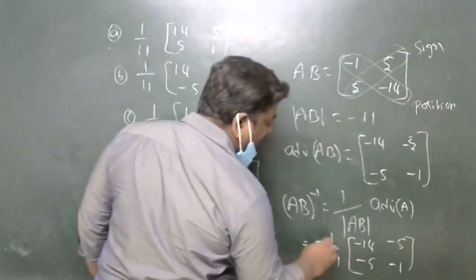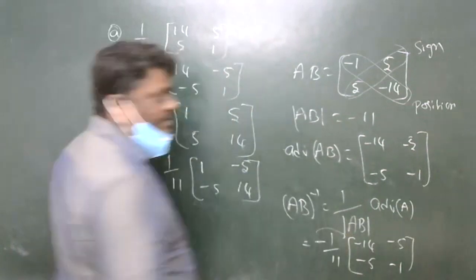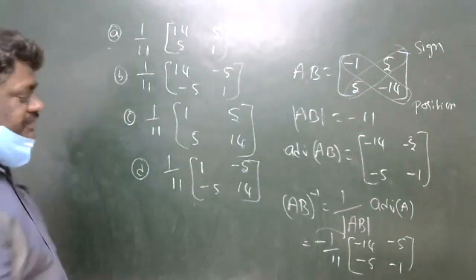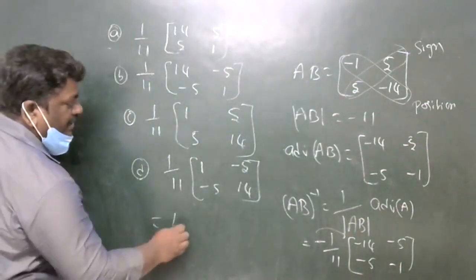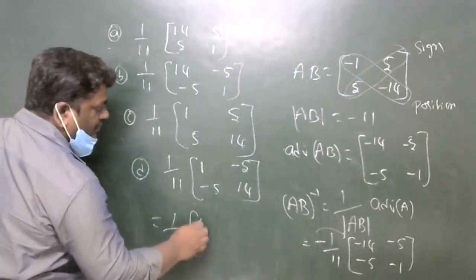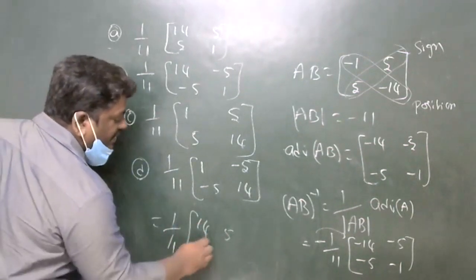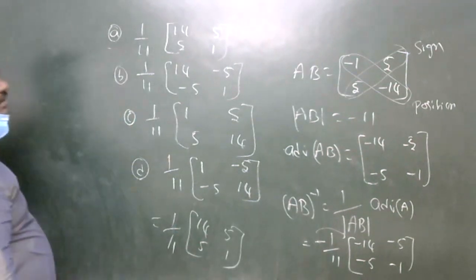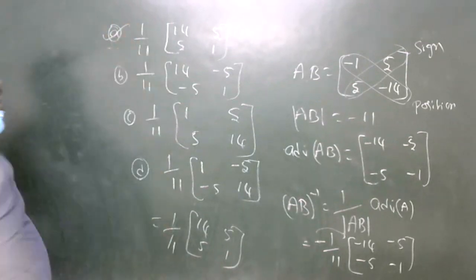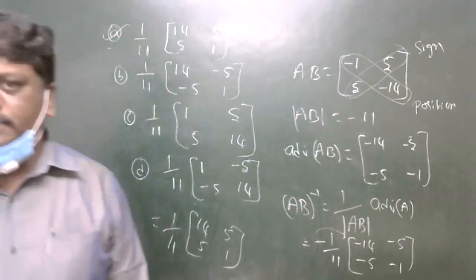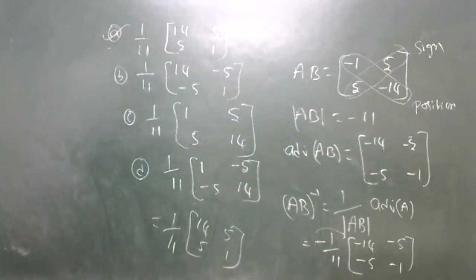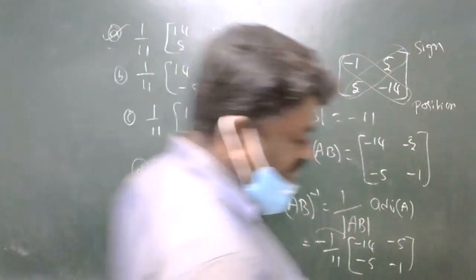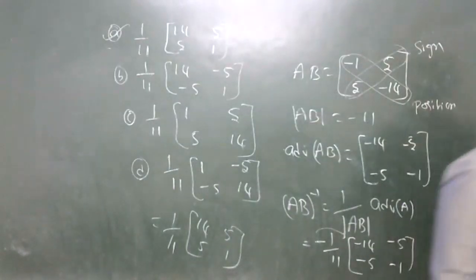Multiply this minus inside. For all terms, it will become plus. Is equal to 1 by 11, 14, 5, 5, 1. Then option A is the answer. Okay. You should know how to find the adjoint.